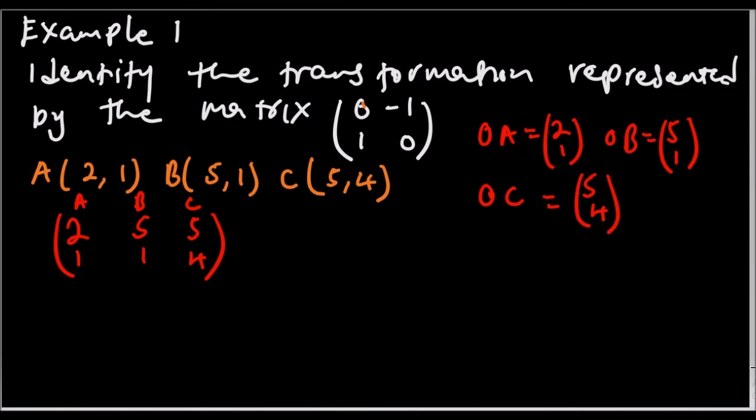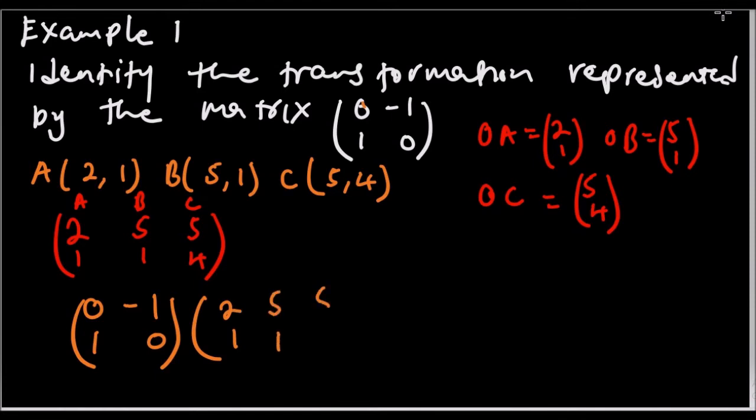From there, we pre-multiply this matrix by the transformation matrix, that is (0, -1) and (1, 0). We multiply by (2, 1), (5, 1), and (5, 4).